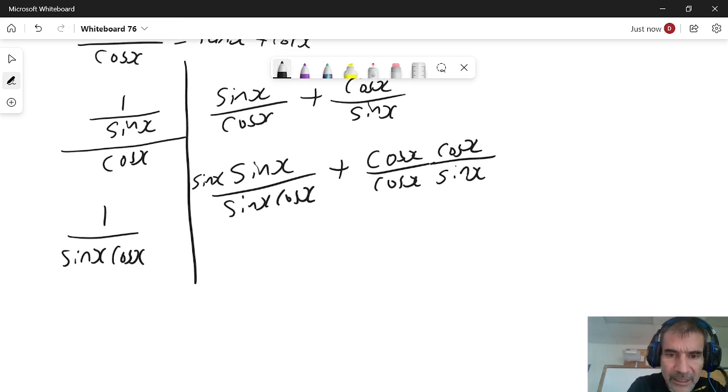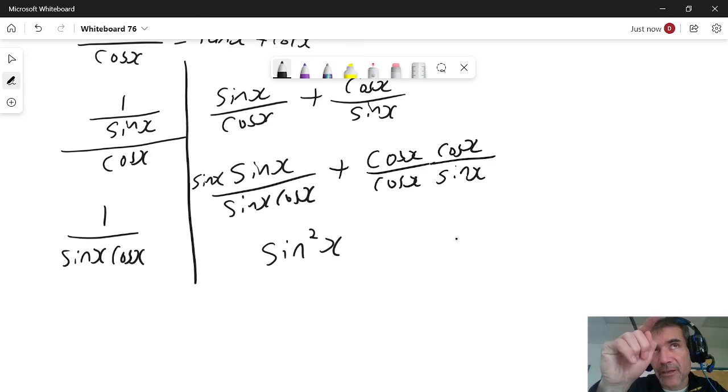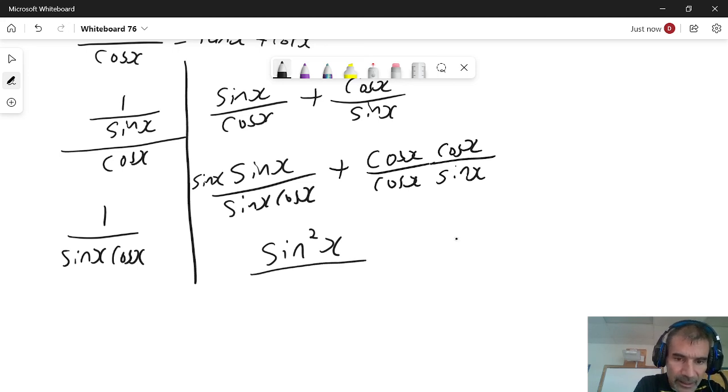Okay, you can probably see where this is going now. Here we have the sine of x squared. Now there's a peculiar way we write that in trigonometry. We write it this way. That does not mean that the sine function is being applied to the sine of x. This indicates that we have the sine of x all squared. So I've got the sine of x squared over sine x cos x.